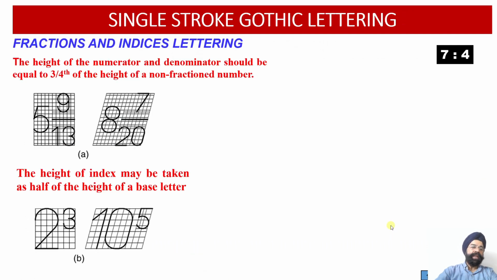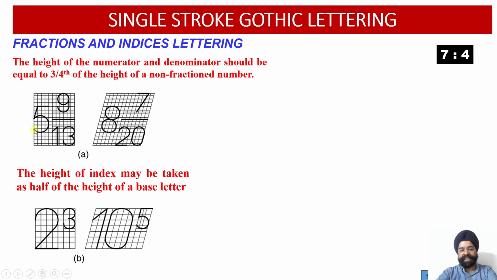And finally, whenever you see there are some fractions involving numerator and denominator, the bigger alphabet, that is the left part of the fraction, you have to write in 7 is to 5, whereas for the upper numerator and the denominator, you have to reduce the height and width by 3 by 4.